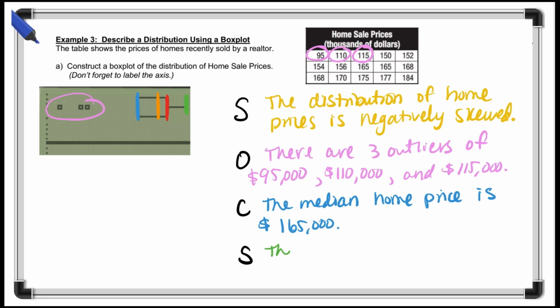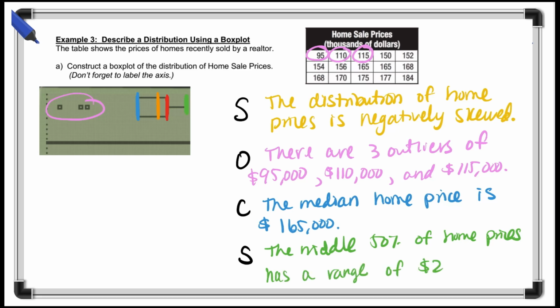You can say the middle 50% of home prices has an IQR, or a range, and you can subtract, of $20,000, our Q3 minus our Q1 value.